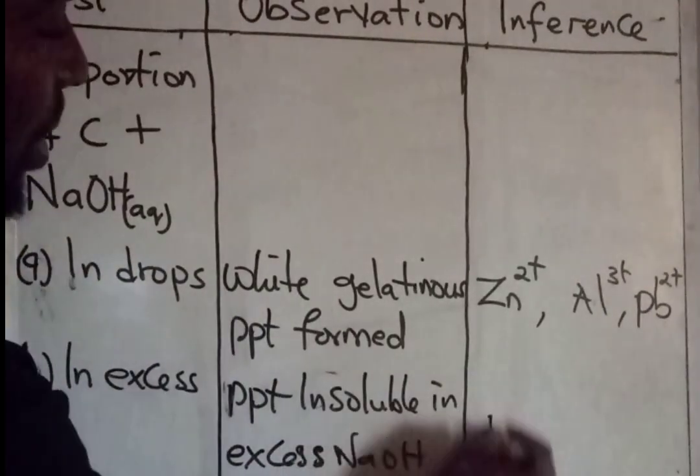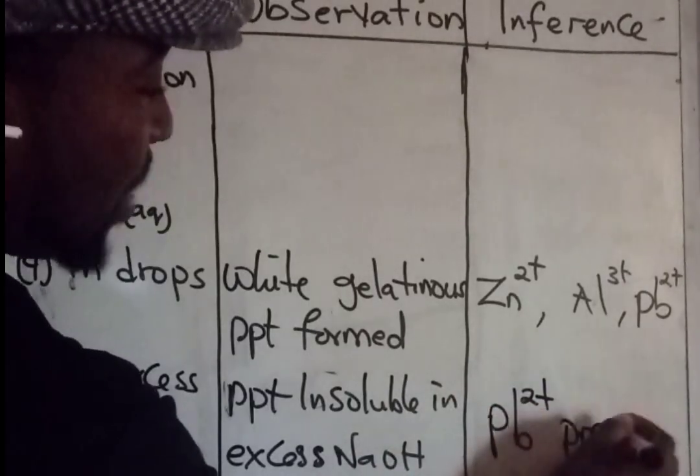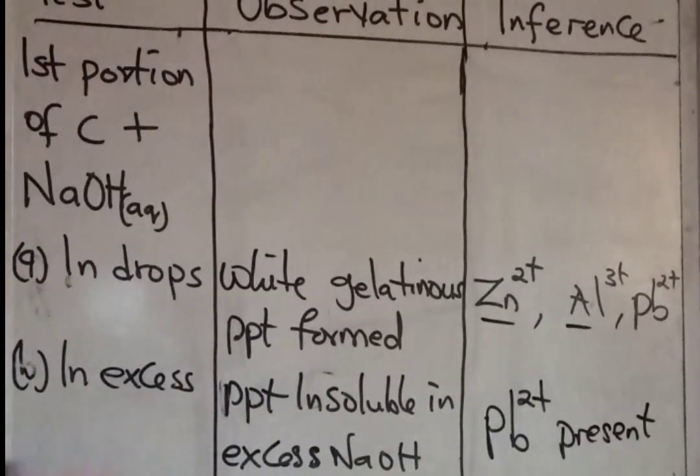So that means it's lead-2 ion that is present. We have removed zinc and aluminium because the PPT wasn't soluble in excess sodium hydroxide.